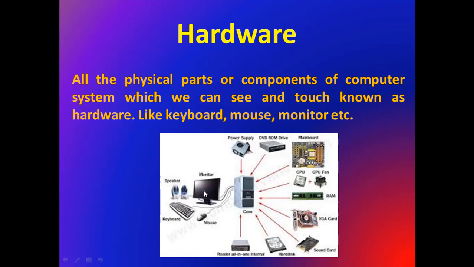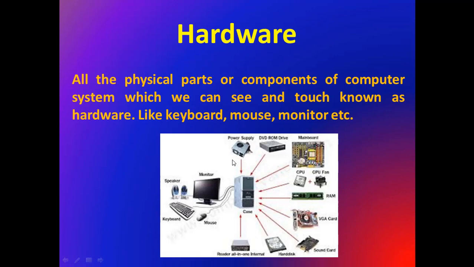Here is an image of the different hardware: monitor, CPU, motherboard. This is the CPU box, but there are many parts inside this box. Motherboard is there, CPU fan is there, hard disk, RAM.